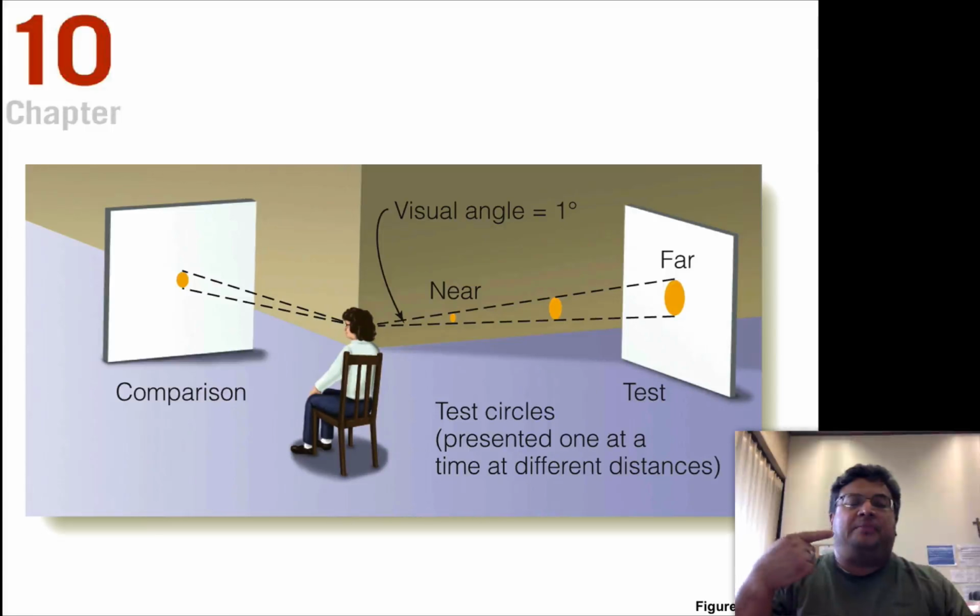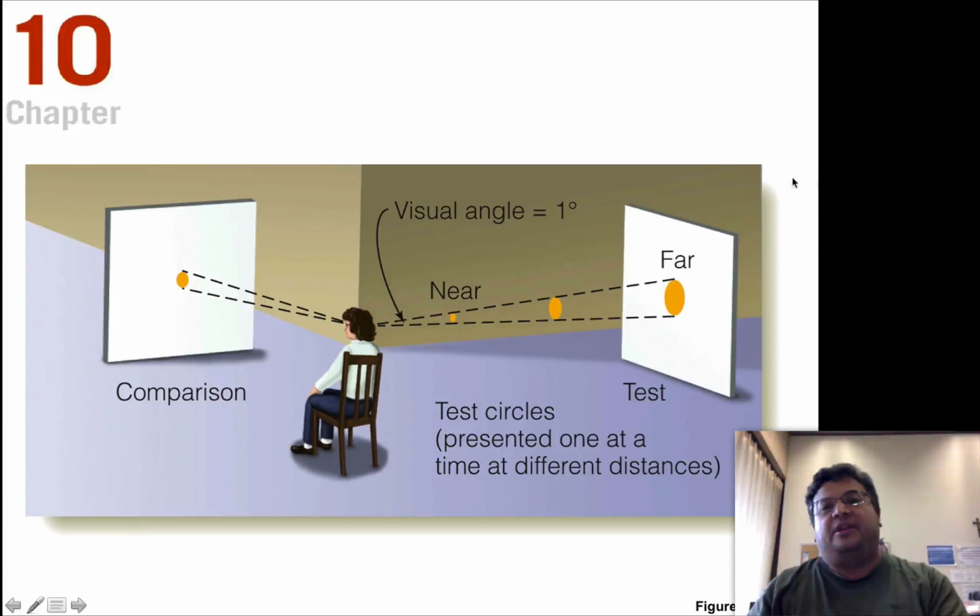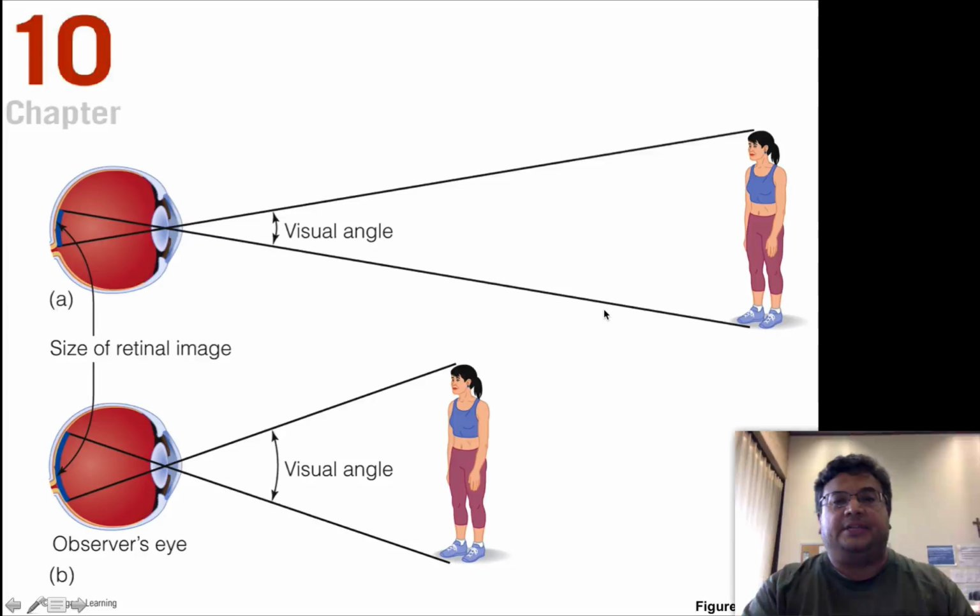So they would present these test circles one at a time at different distances. They would do a near and then a far and then another near and then a middle and then a middle and then a far. And they would ask people to make this one right here the same size as each one of these. Notice the relationship here between visual angle and distance.